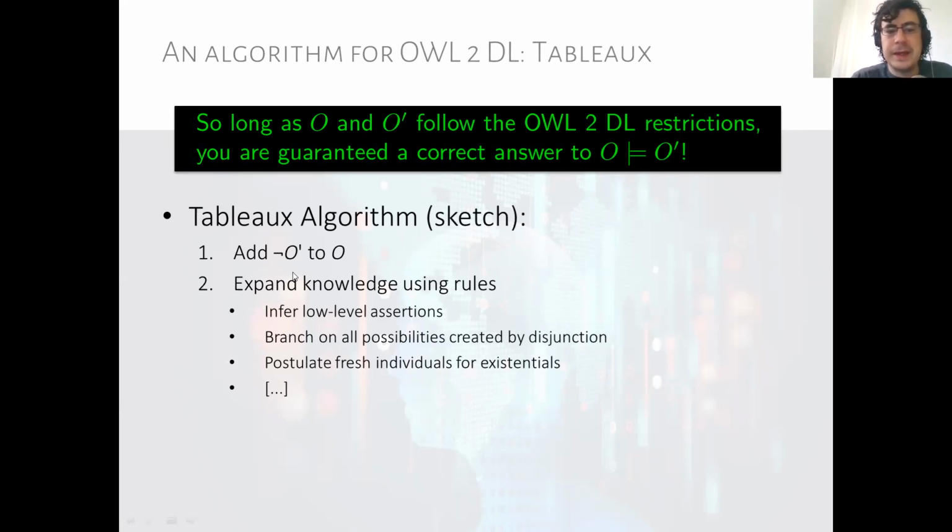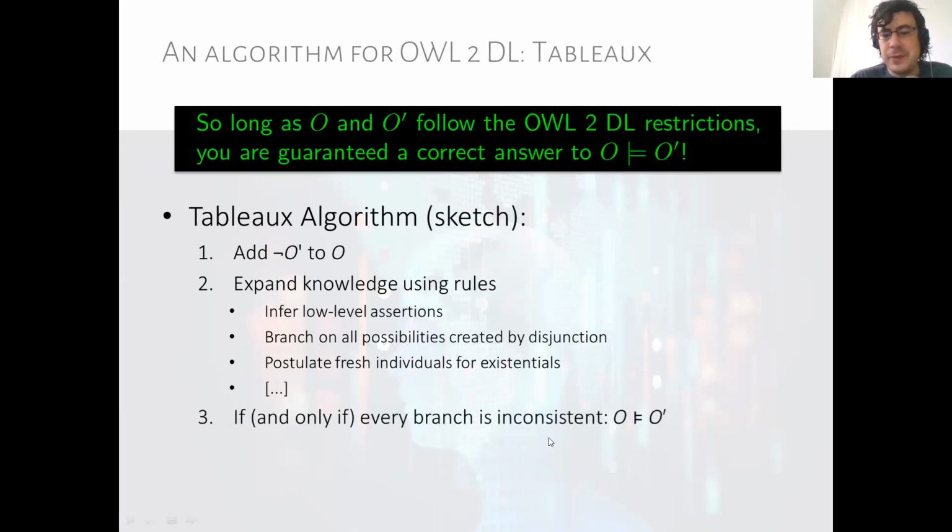So what we do then is we'll just be looking for some inconsistency. We're going to expand out all the knowledge we have, and in the case of multiple possibilities, try all possibilities, right? And just keep going until we can't expand any more knowledge, or we found some inconsistencies. So how does this work?